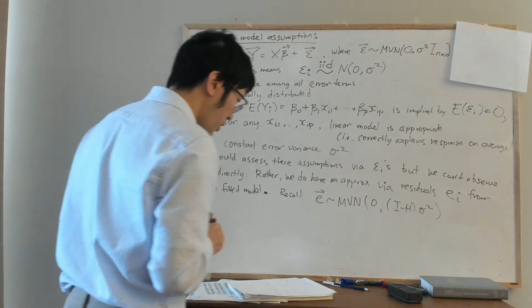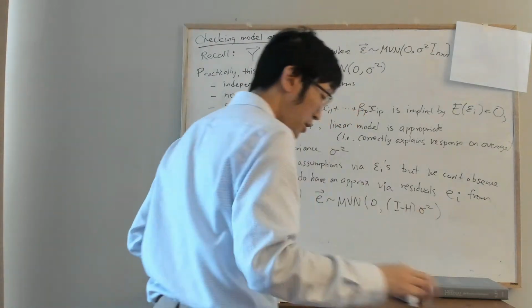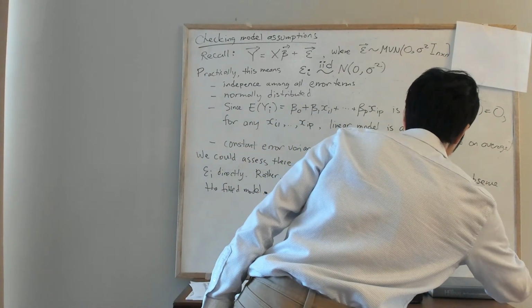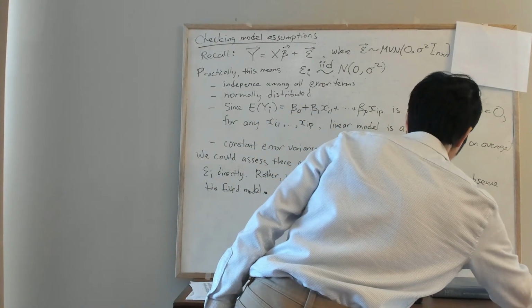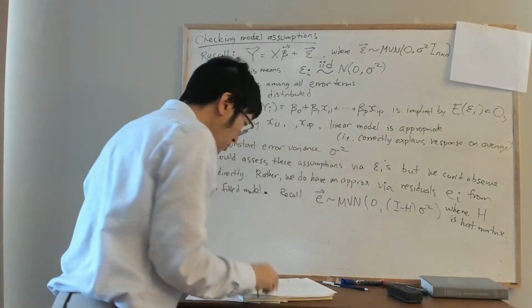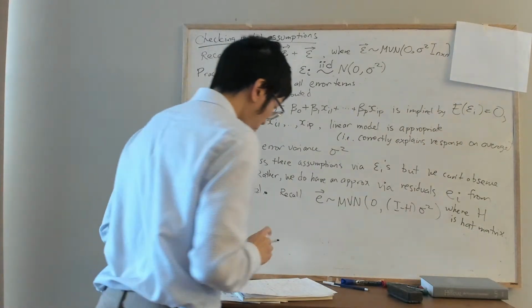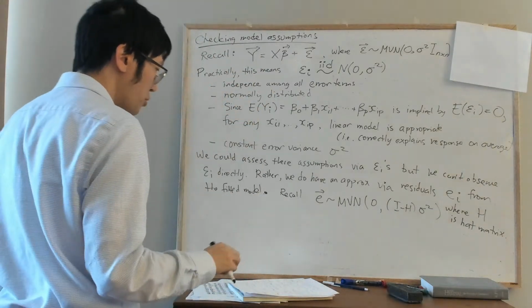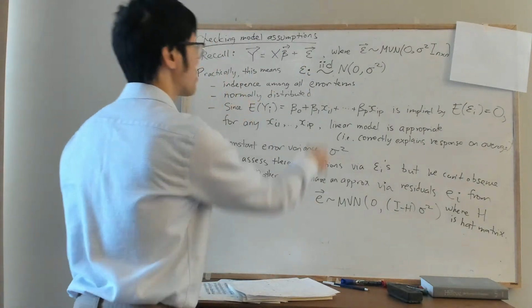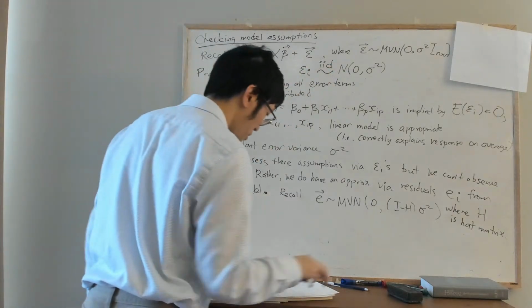H is the hat matrix, which you have used previously. So we see that the residuals and epsilon are related.